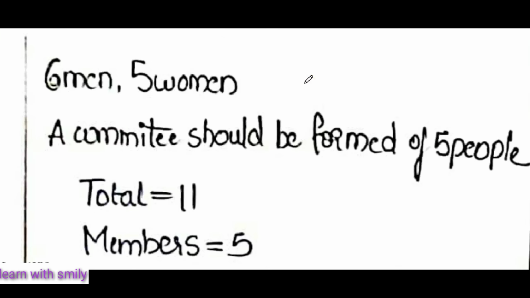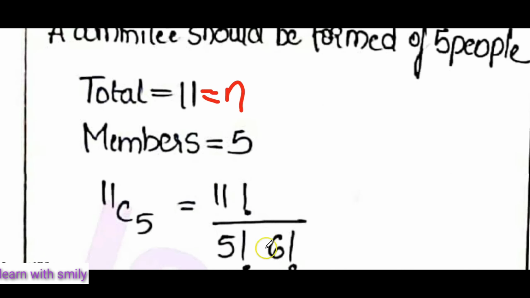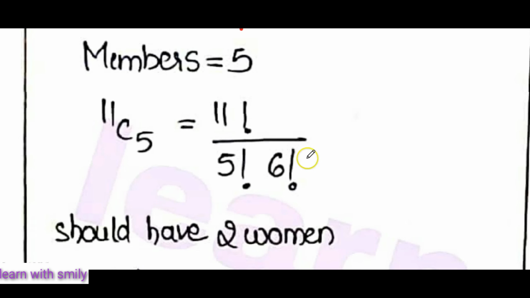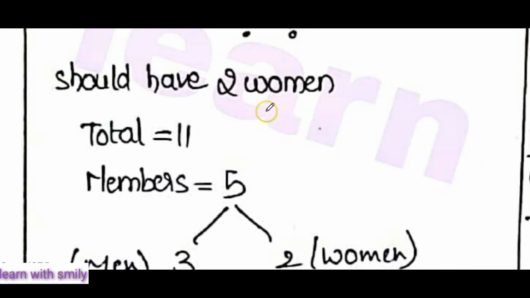Coming to the next problem: 6 men and 5 women, and a committee of 5 people should be formed. The total n is 11, because it is a combination of men and women, 6 plus 5 equals 11, and we need 5 members from it. That can be represented using the formula NCR, n factorial by r factorial into n minus r factorial. Suppose they consider that the committee of 5 members should have 2 women.